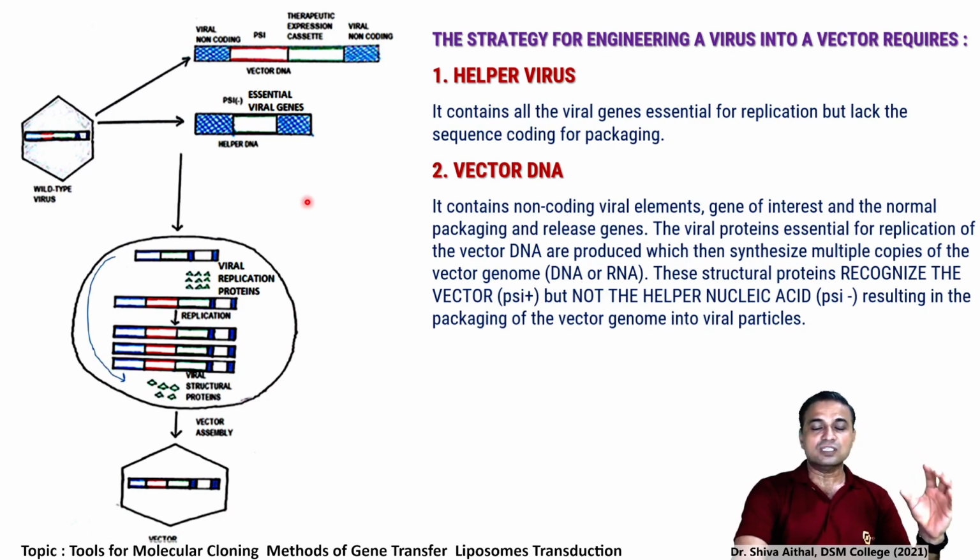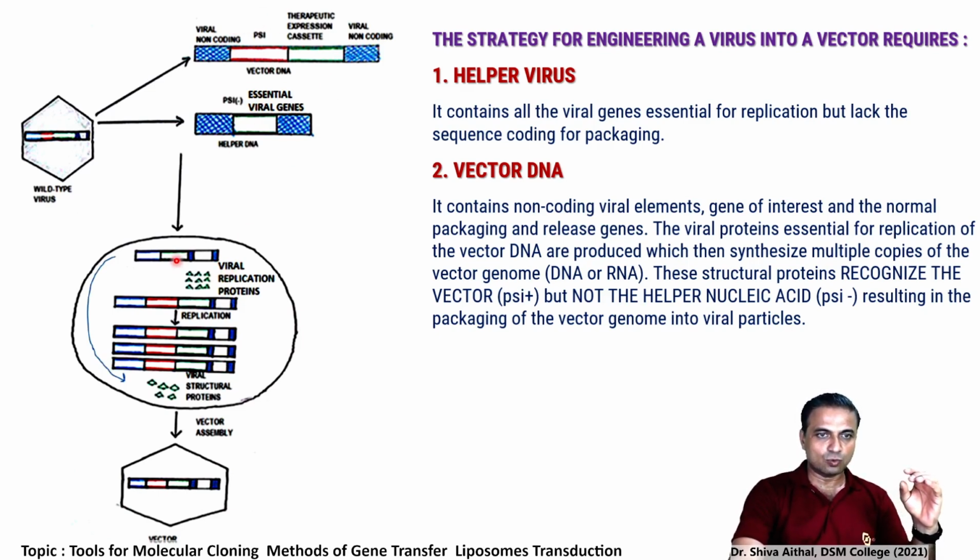Now what happens? The viral proteins essential for replication of the vector DNA, listen carefully, the viral proteins which are needed for replication of the vector DNA are produced and then synthesized in multiple copies of the vector DNA because it contains your gene of interest. These structural proteins recognize the vector, that is psi positive, but not the helper nucleic acids.